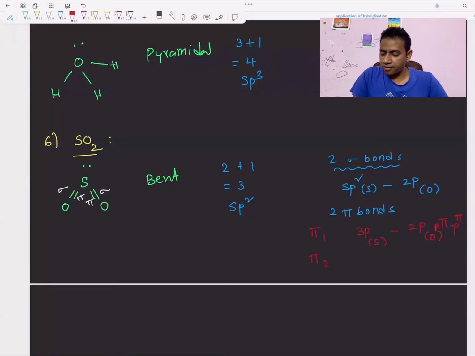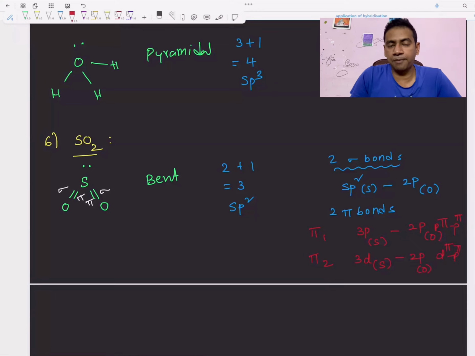The second pi bond: as the 3p orbital has been used up by sulfur, the next pi bond only comes from the next higher energy orbitals. Here the 3d of sulfur overlaps with the 2p atomic orbital of oxygen. Therefore this bond is a d pi. We call it d pi p pi bond.